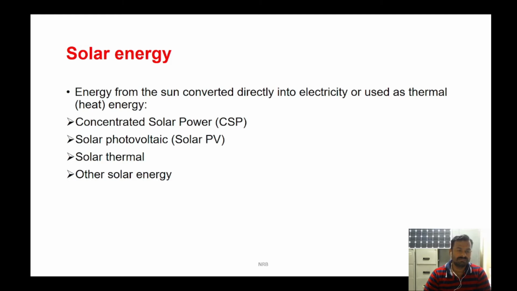We can have a system to convert this light energy coming from the sun to produce electricity, which is nothing but a solar photovoltaic system, or we can use the heat energy to produce electrical power, which is nothing but a concentrated solar power system. Other applications are also available, like solar thermal, where the heat energy of the sun is directly utilized to produce heat for certain heat related applications.